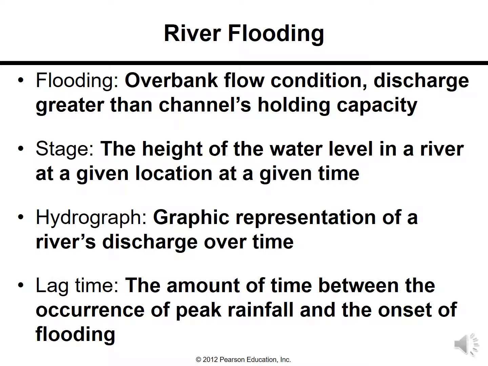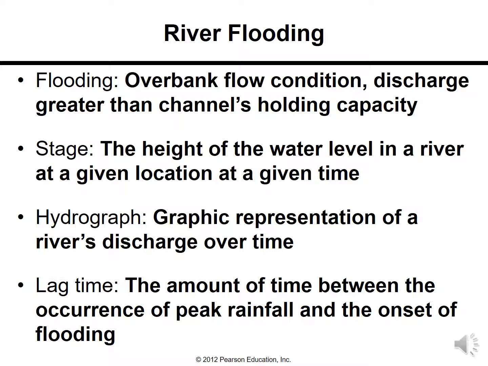River flooding. Flooding means the overbank flow condition, where discharge is greater than the channel's holding capacity. Rivers have a certain holding capacity, like any other thing that we're talking about, so flooding is the discharge overcoming that carrying or holding capacity.